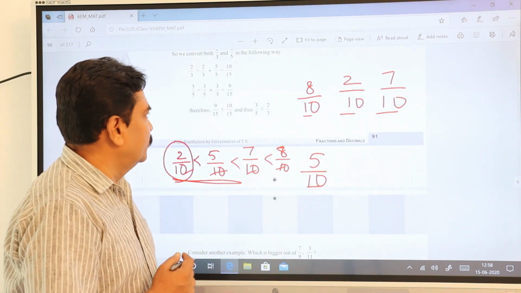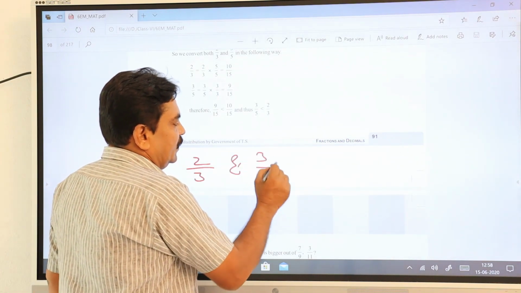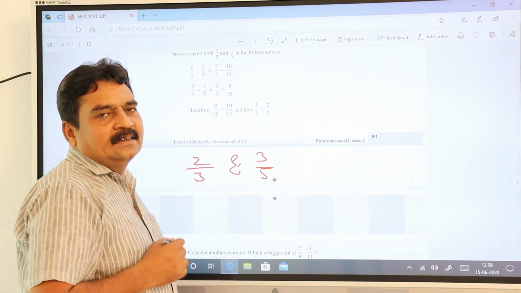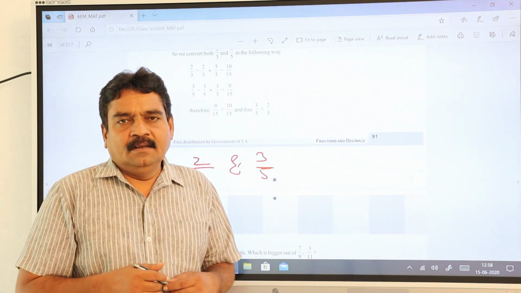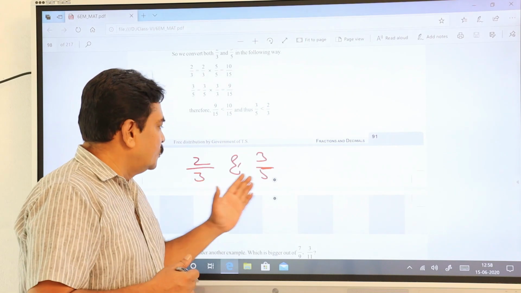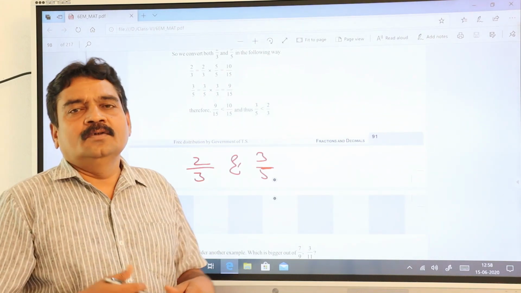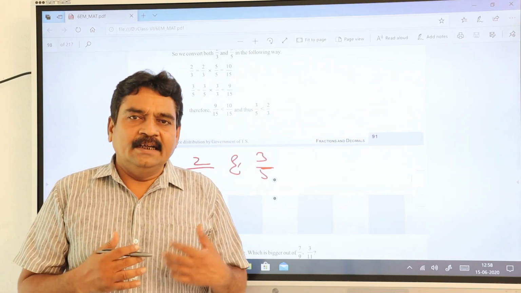Suppose I give you 2 by 3 and 3 by 5, which fraction is greater? It is difficult, because these two fractions are not like fractions. So you have to make them like fractions first.